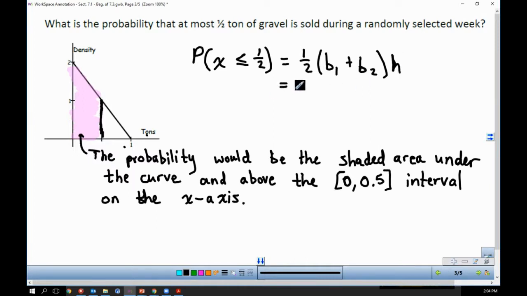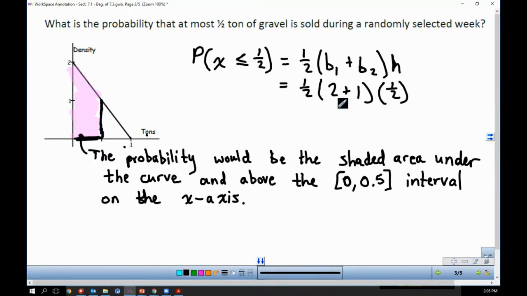So how long is one of the bases? 2. How long is the other base? 1. So our bases here are that one and that one. What's our height? What's this distance? 0.5. Or we could also say 1/2. Either way works.